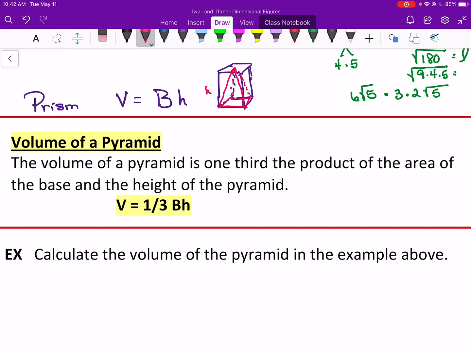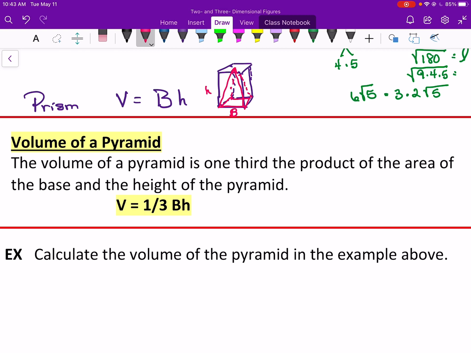Well, it turns out that if they have the same base area and the same height, it would take 3 of those pyramids, the volume of 3 of those pyramids, to actually fill up the volume of the prism. So the volume of a pyramid is 1/3 of what that prism volume would be, or 1/3 area of the base times the height.